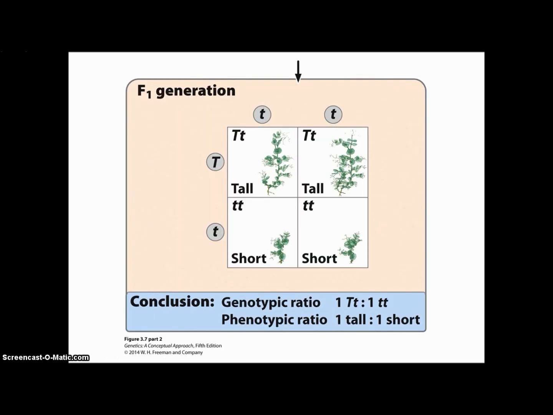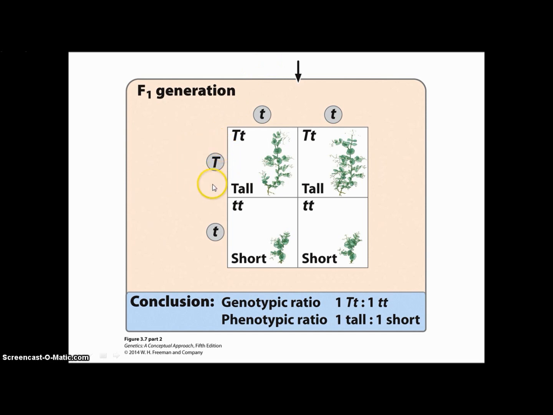So to put these probabilities into the context of the Punnett square, what we have here is what we call a test cross. This is a cross between a heterozygous individual, big T and little t in this case, and a homozygous recessive individual, little t. We can calculate the probability of getting a big T individual from this cross by using the rules of probability.